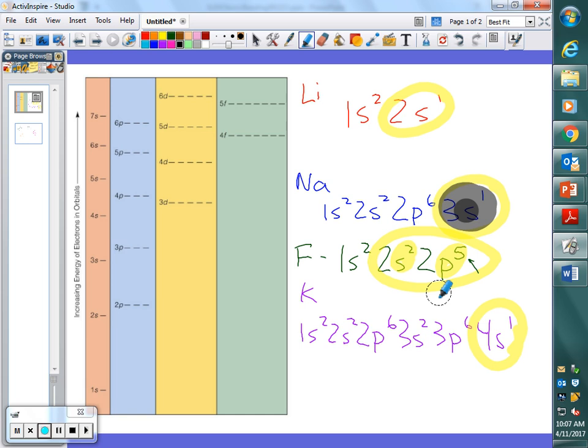The 2nd energy level. How many electrons are in that 2nd energy level? 8. Is that stable? That's stable. So some atoms can gain electrons to get up to 8, but some will lose electrons and get rid of a higher energy level altogether and be left with the previous energy level. They're good.